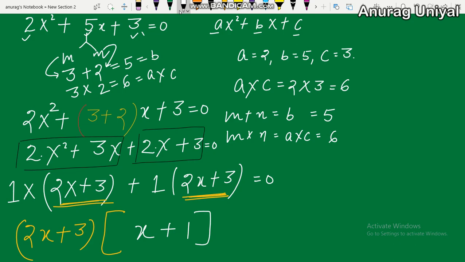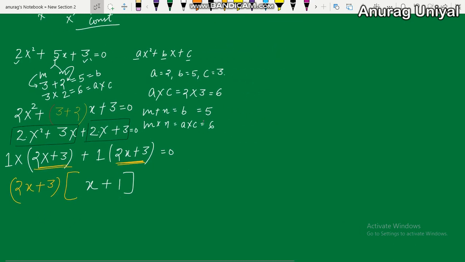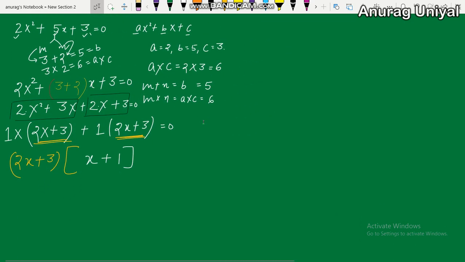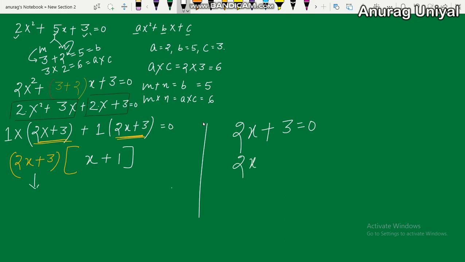Now putting 2x plus 3 equal to 0, 2x is equal to minus 3, then you get x equal to minus 3 by 2.